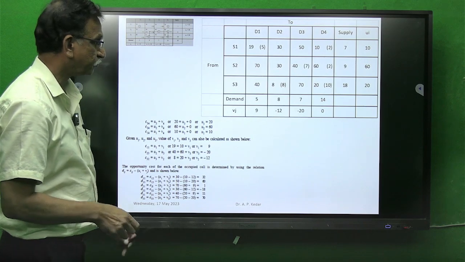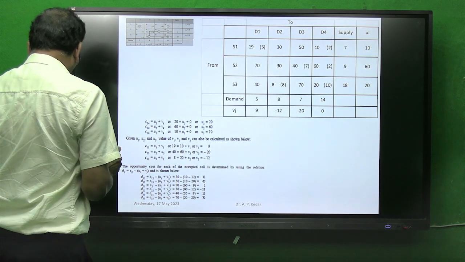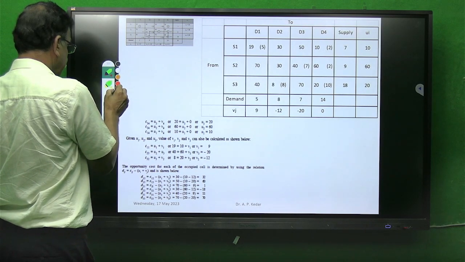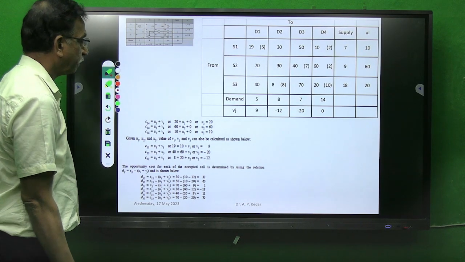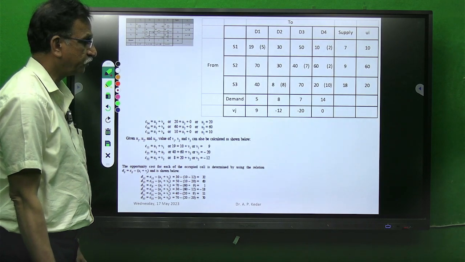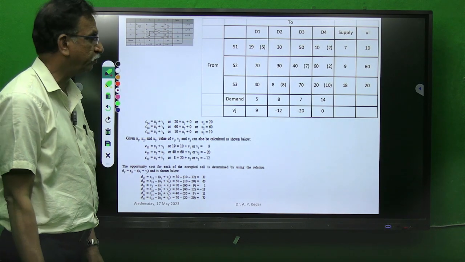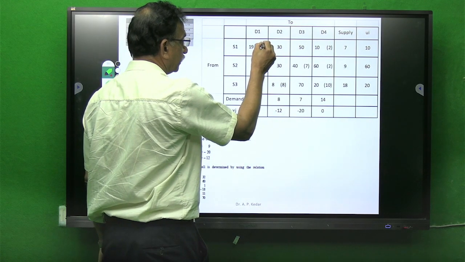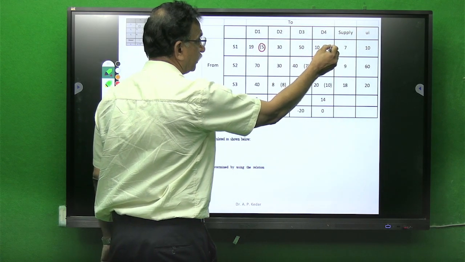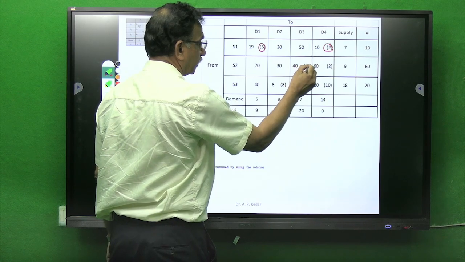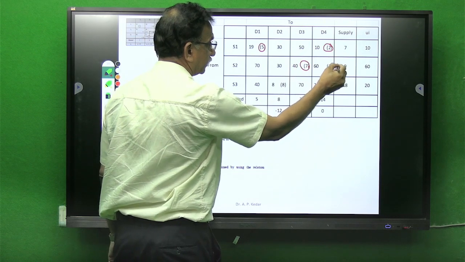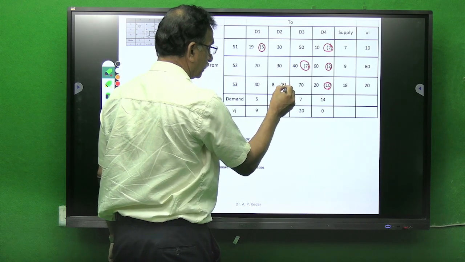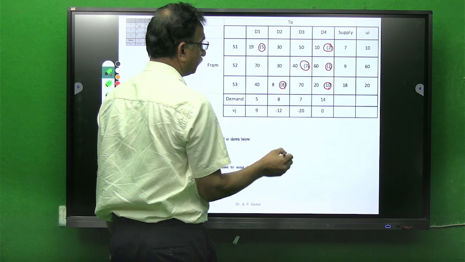If you recall our last lecture, what we did is we calculated an initial feasible solution for a minimization type of transportation problem, and we then evaluated values of ui and vj. What I am marking with a red circle is the quantity allocated.